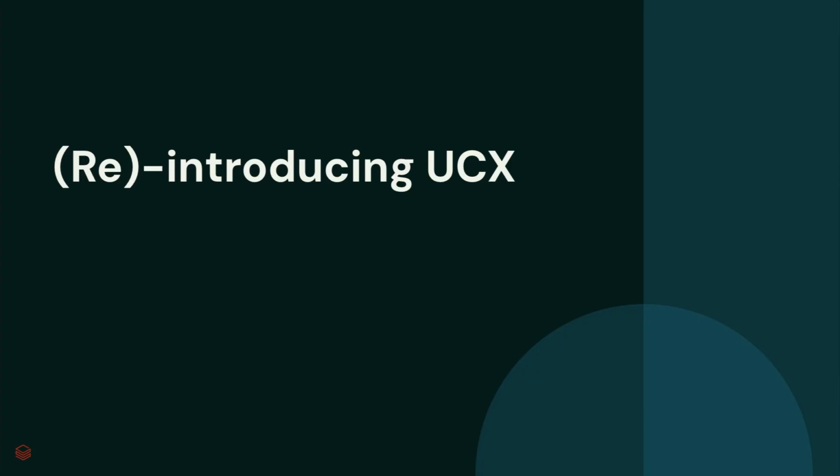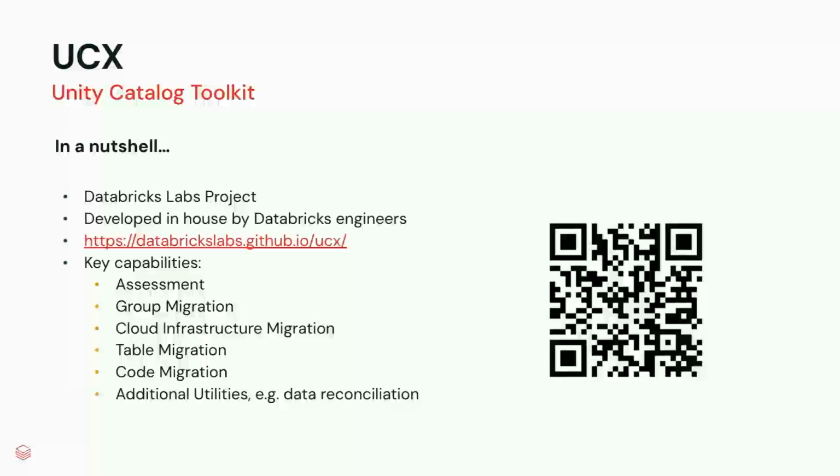Which is why we're talking about UCX, or a reintroduction, because this has been around for a year or so, a bit longer. So when we talk about UCX, why is it UCX? The name is Unity Catalog Upgrade Toolkit, but UCX because it's cool, right? Everything that ends with an X is a cool product. In a nutshell, it's a Databricks Labs project.